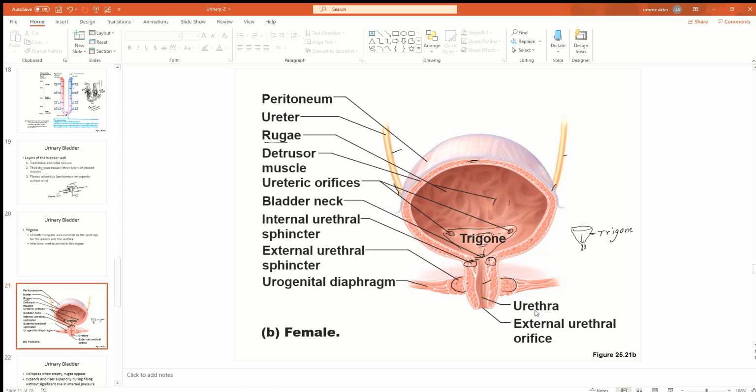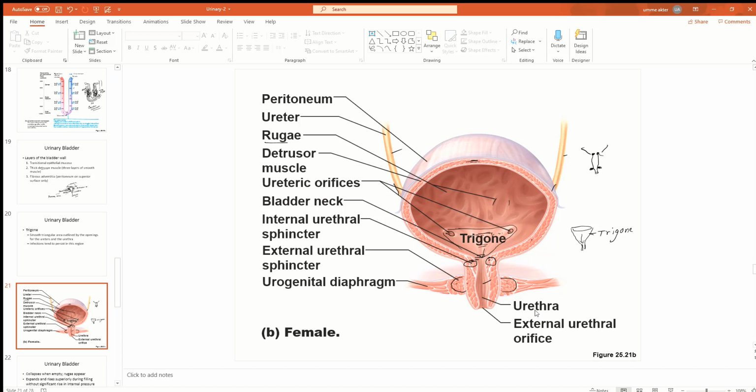Let me draw here. So this is the urethra. Okay, and this is one sphincter here, and this is another sphincter here. Okay, this is the opening. Okay, so the urinary bladder is here, trigone.